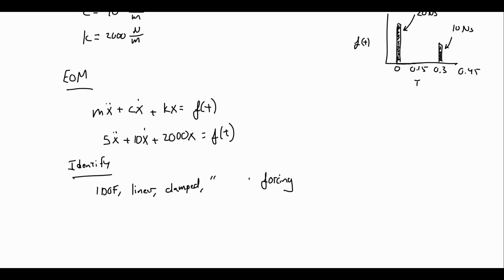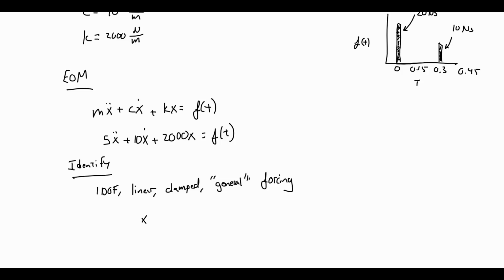And in this case, we're going to use that aggregate approach because we were able to express the forcing as that piecewise function made up of just simple types of forces. In this case, two impulses, but we talked about ramps, impulses, and step functions that will allow us to do the aggregate solution.